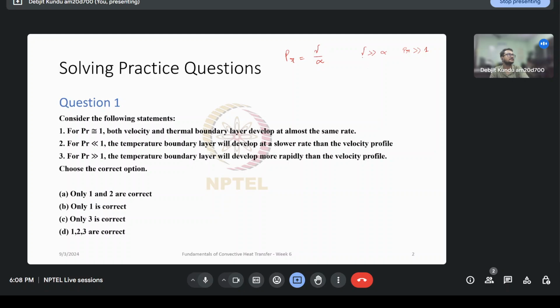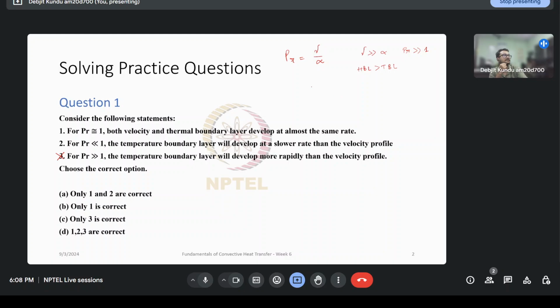And in that case, you can imagine that the hydrodynamic boundary layer will grow at a much faster rate than the thermal boundary layer. So this corresponds to statement 3, and as it turns out, the statement is false because it says that the thermal boundary layer will develop more rapidly. So statement 3 is incorrect.